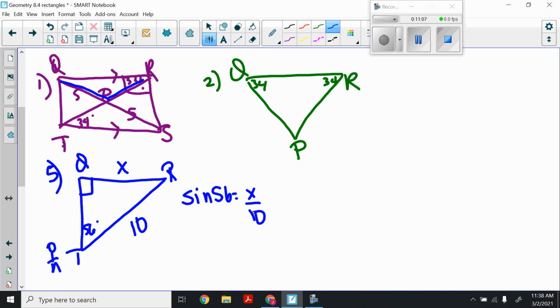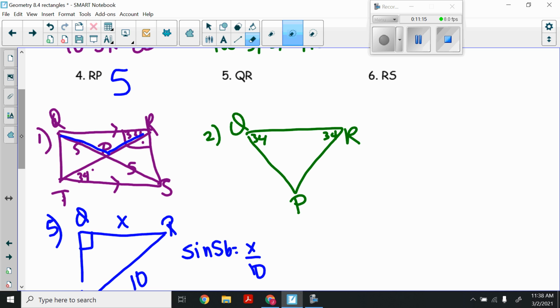Hold on 1 second. I need to double check my angle here of 56. Okay. So angle QRT, let's see, I'm sorry, I wrote down the wrong angle. I know this angle is 34. Couldn't read my own handwriting there. 34. Okay, so that's the angle that we know. I stand here.